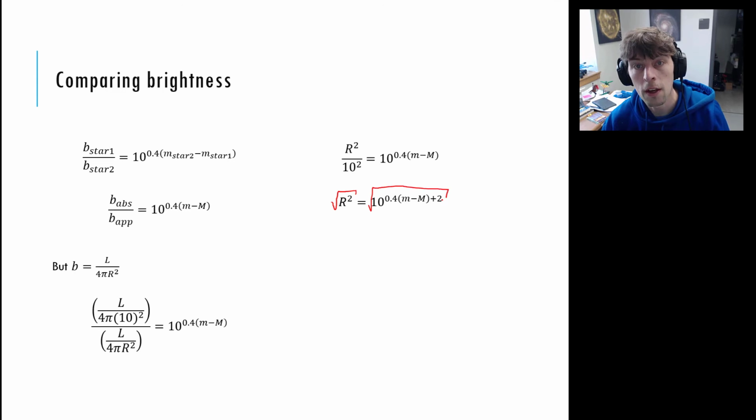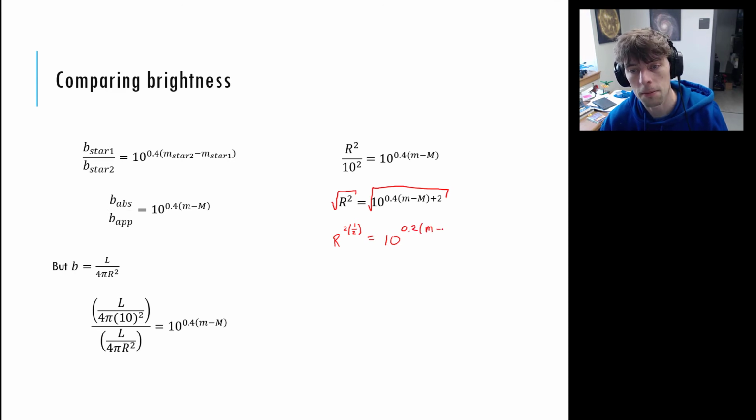But when I take the square root, that's like saying r squared, and then the square root is like taking the exponent and dividing by 2. That's a different way that we can write the square root. So what I can do here is I'll divide 0.4 by 2.